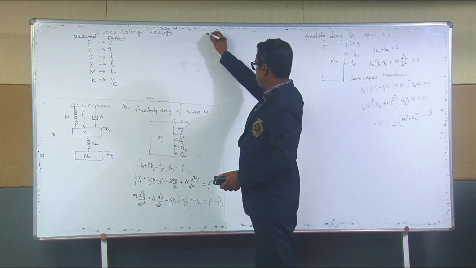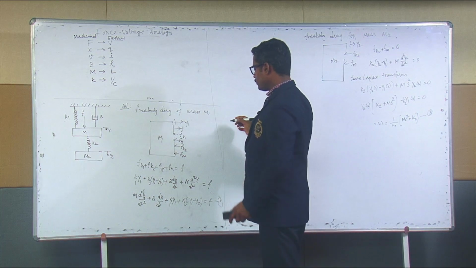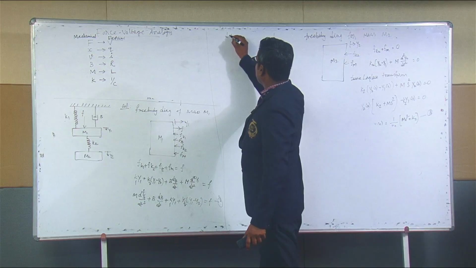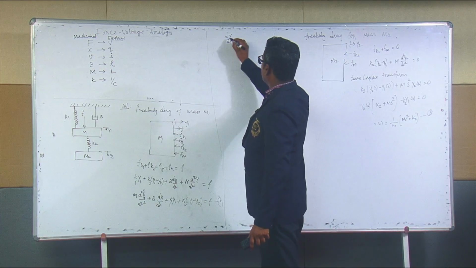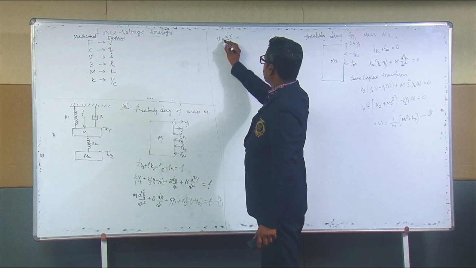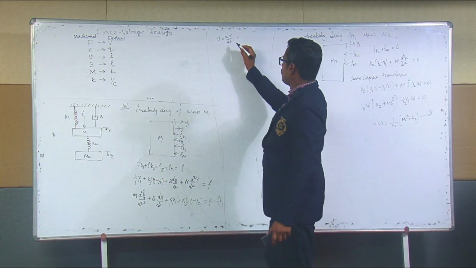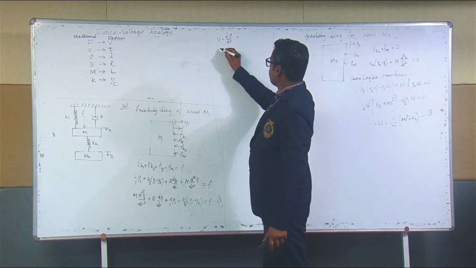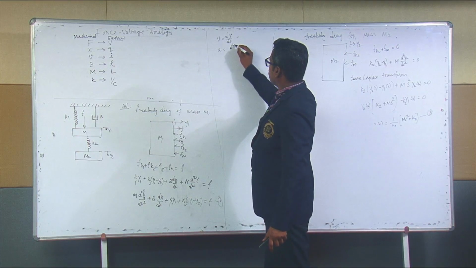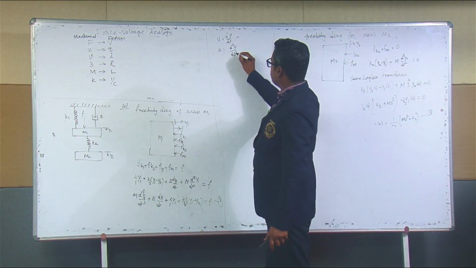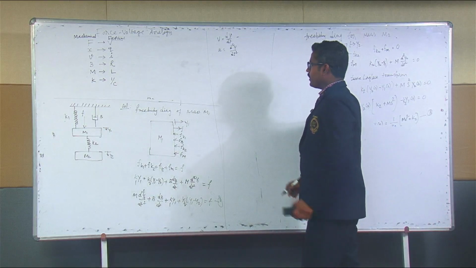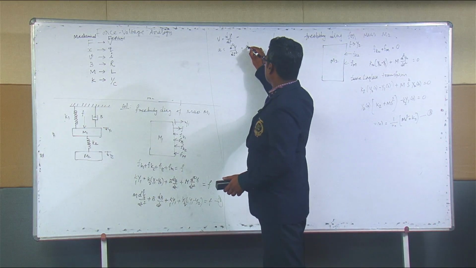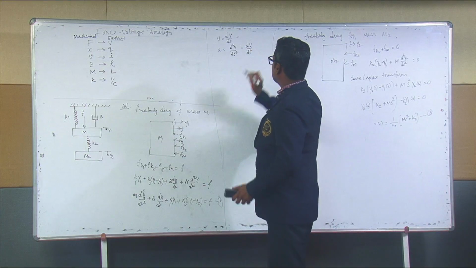I am going to convert the given equation in terms of velocity. You know that dx by dt is velocity. In the same way, dy by dt is velocity, and acceleration is d square y by dt square, which is nothing but dv by dt.